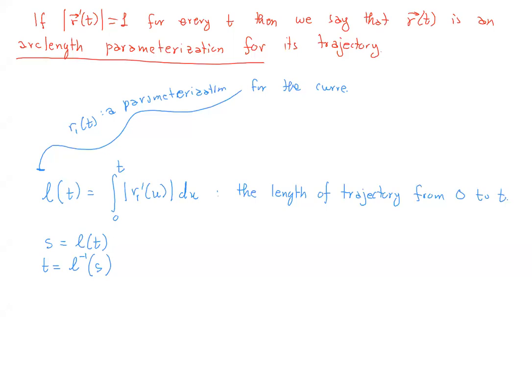And then the claim is that r of s, being equal to r1 composed with this L to the negative 1 of s, is an arc length parameterization. Truth is that there are not too many arc length parameterizations. I mean, essentially, you have two of them depending on which direction you choose to traverse the curve.